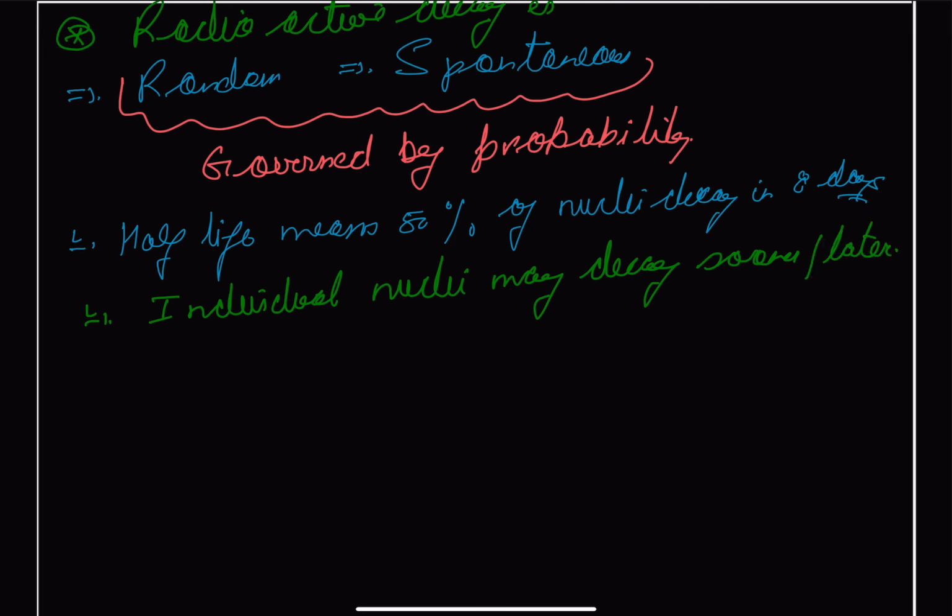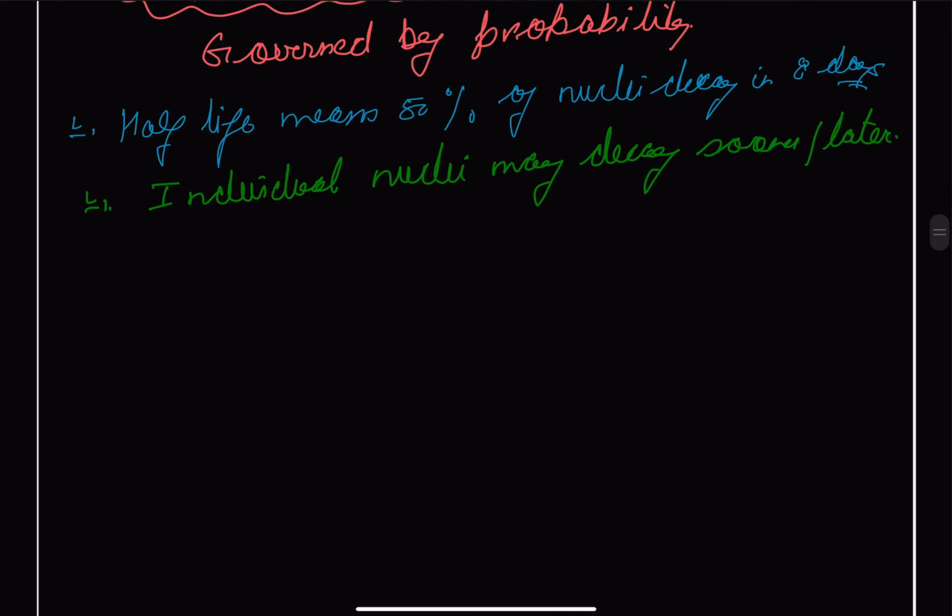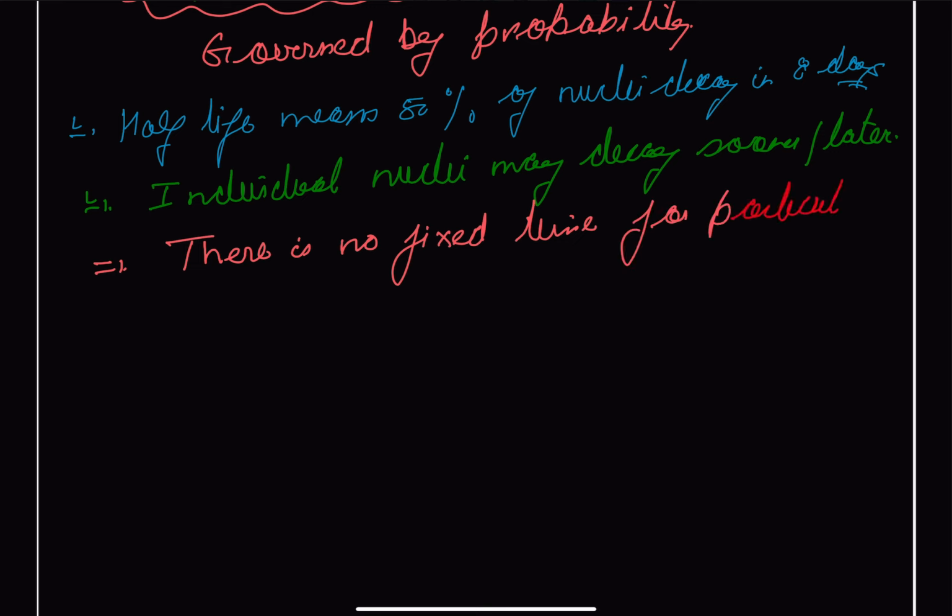Because of these two processes, one is random, another one is spontaneous, we cannot be sure how much time a particular nucleus is going to take to decay. Therefore, we can say that there is no fixed time for a particular nucleus to decay.